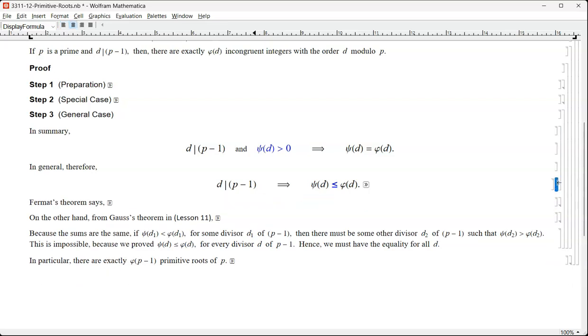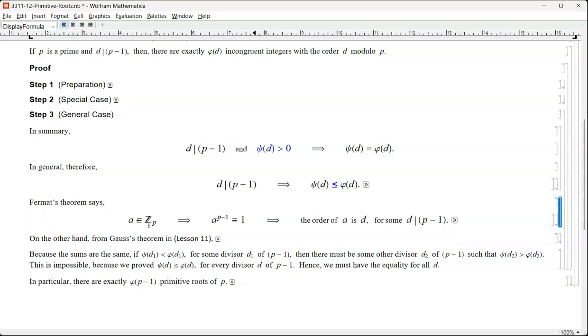Now, let's apply Fermat's theorem. For any whole number a less than p, a to the p minus 1 power is congruent to 1 by Fermat's theorem. And then apply 1.2, the divisibility property. a to the p minus 1 power is 1, so the order of a is a divisor of p minus 1. And all these numbers satisfy this, so the order will be a certain divisor.